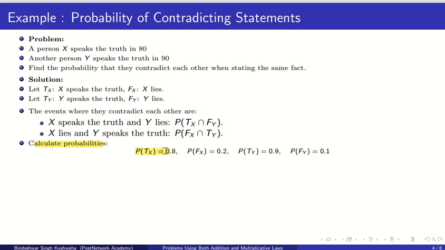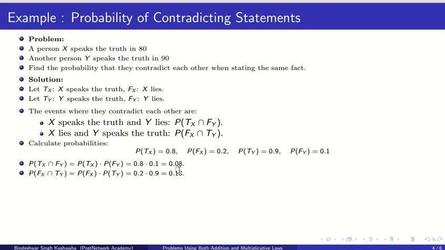So P(TX) is 0.8, P(FX) is 0.2, P(TY) is 0.9 and P(FY) is 0.1. And now we will require this one, so that would be 0.08, very small.